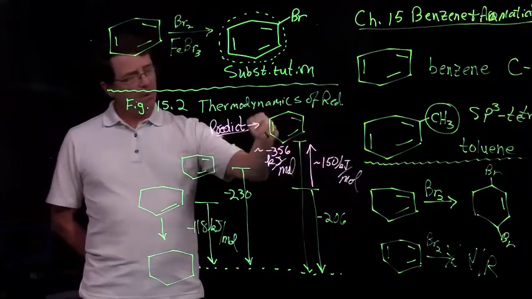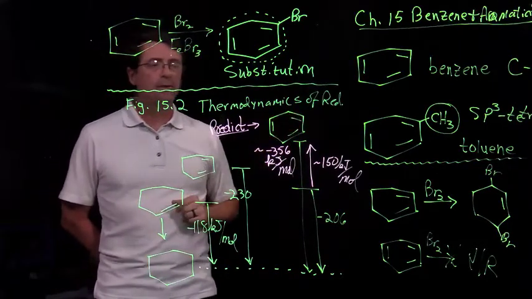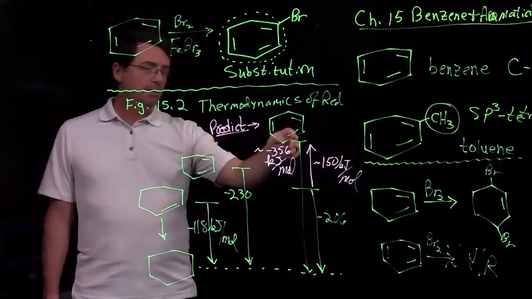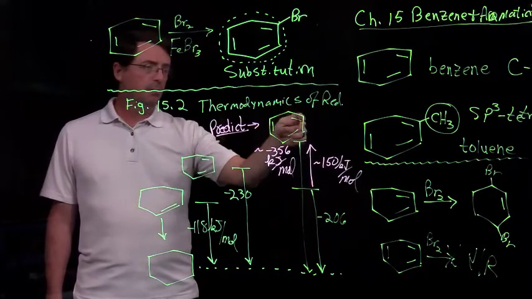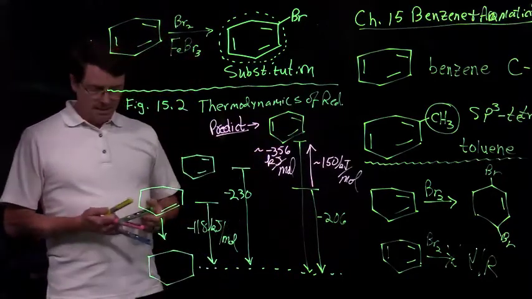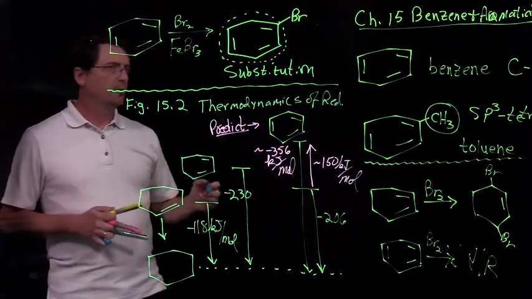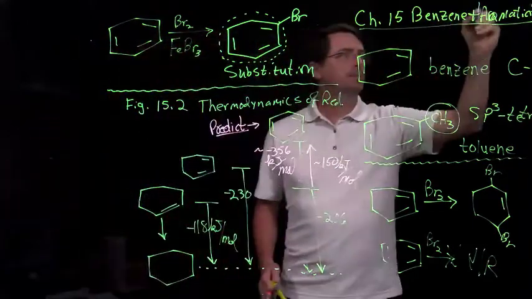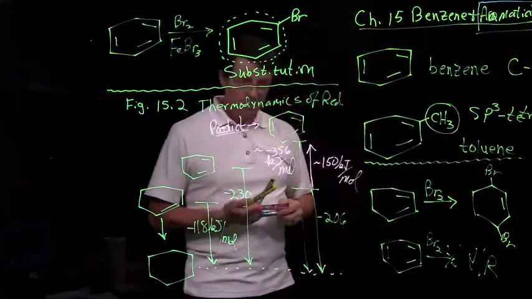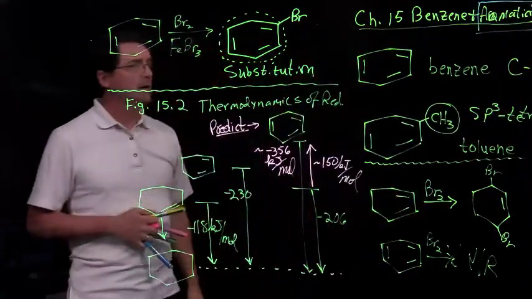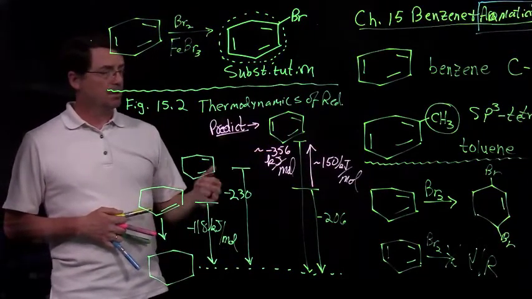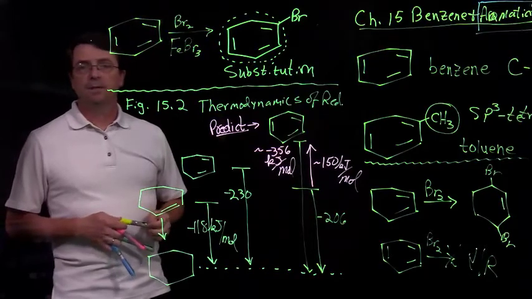That is, when we have all three of these double bonds in benzene aligned in a double, single, double, single, double, single pattern, we get a very special stability that is referred to as aromaticity. Come back over here. And now we're going to, in the rest of this chapter, take a look at trying to understand where this comes from, how it occurs, and how we can then make use of it.